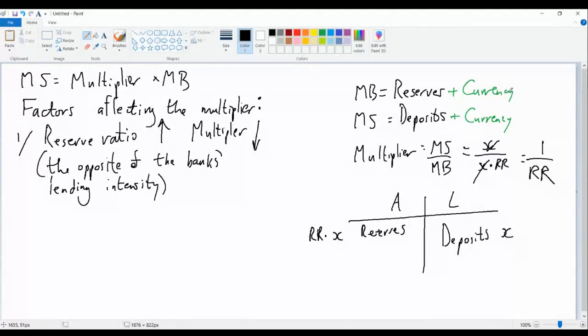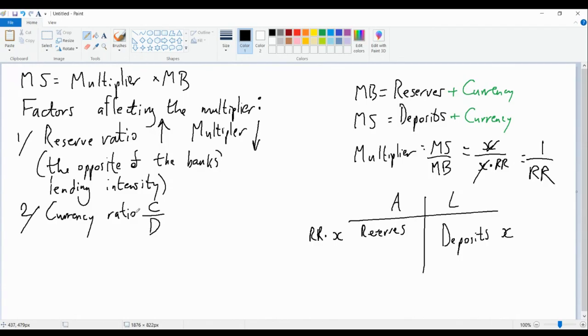Now, how do we write that down? One way is to ask, what's the importance of currency as a form of money? What's the alternative? Deposits. So why don't we measure this using currency over deposits and call that the currency ratio?